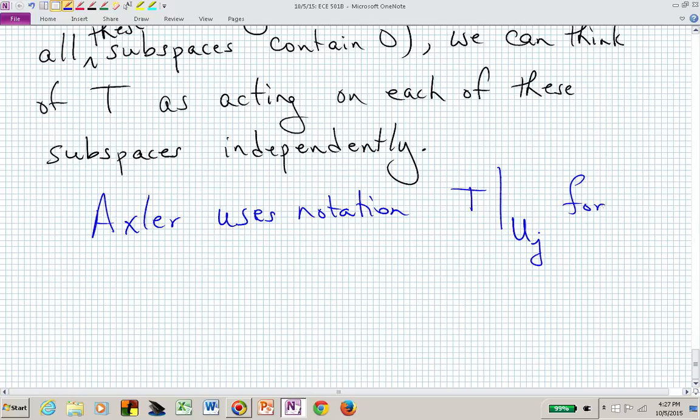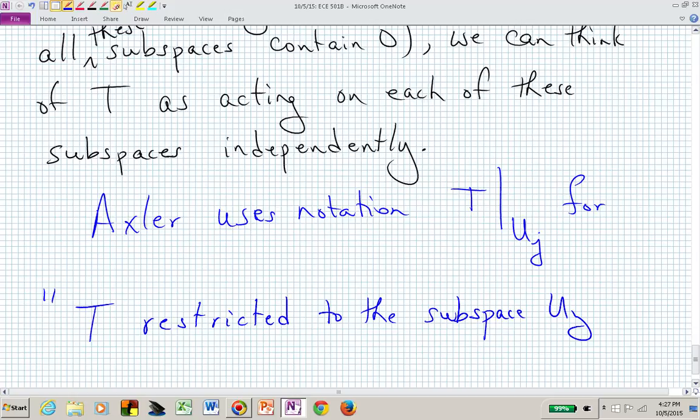Meaning that's how we'll basically write T restricted to the subspace u sub j.